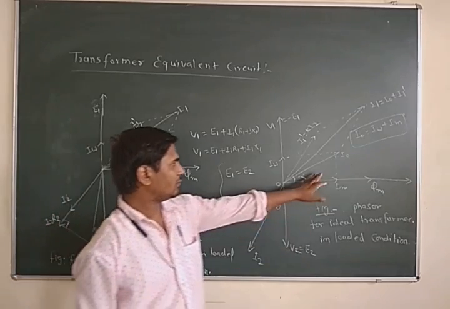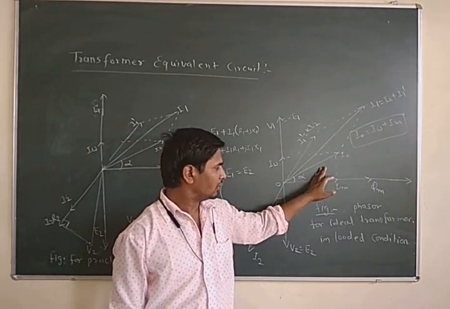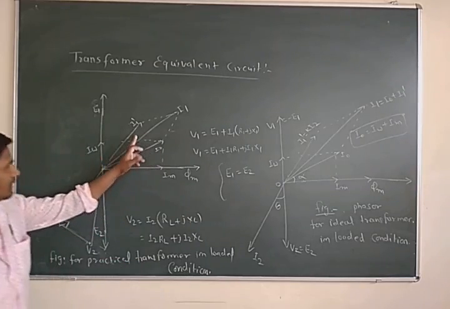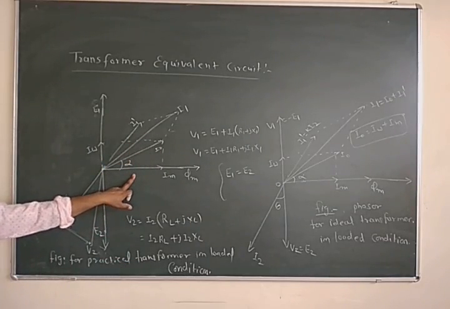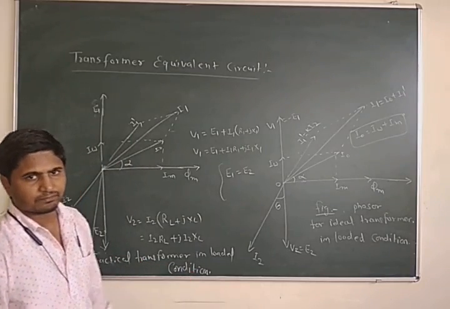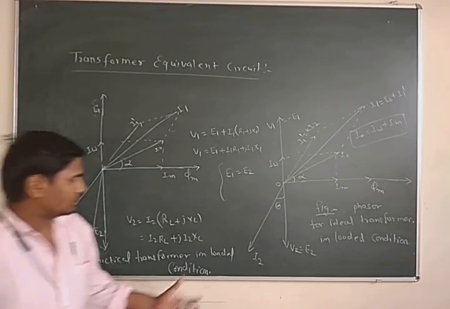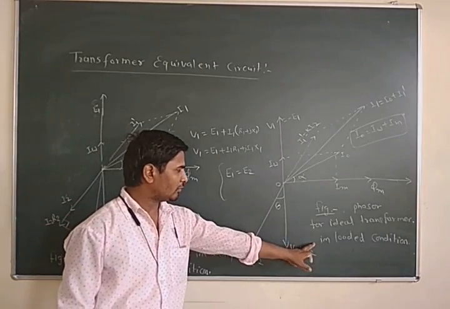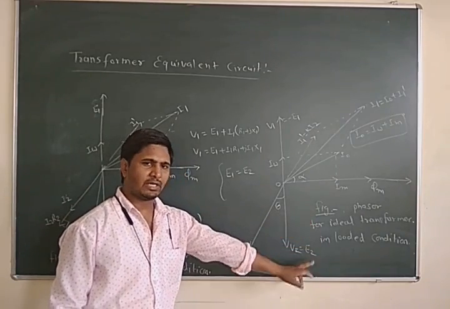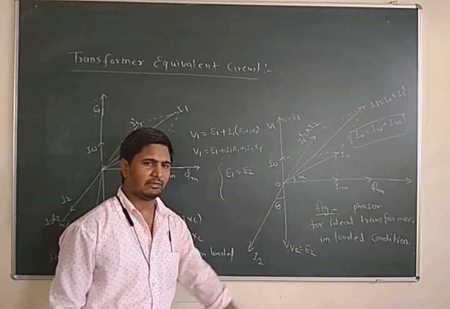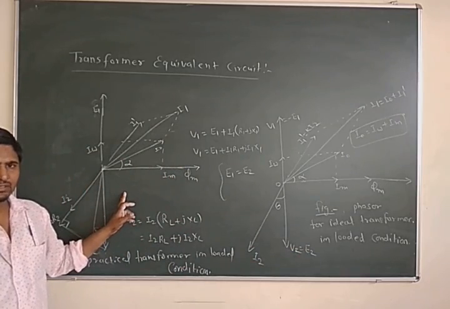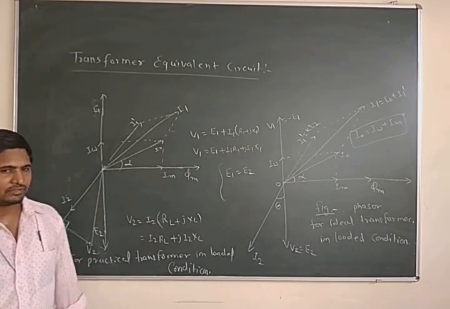This is the phasor for an ideal transformer in loaded condition, and this phasor represents the practical transformer in loaded condition. The difference is that in an ideal transformer winding resistance, core losses and leakage flux are negligible, but in a practical transformer we assume winding resistance, leakage flux and losses in the core.